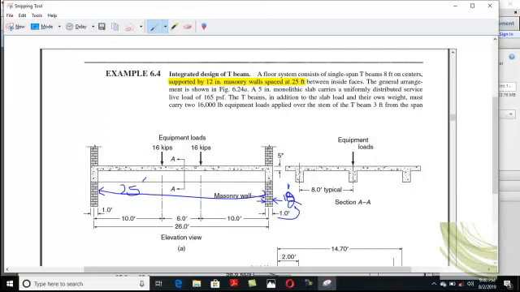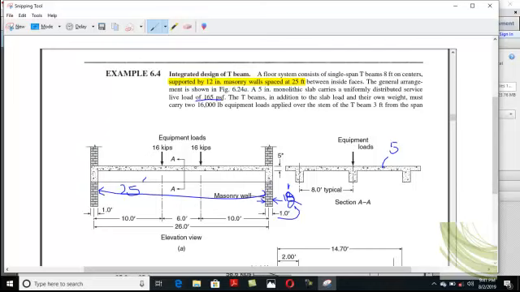The general arrangement is shown in the figure. A 5-inch monolithic slab, the thickness of this slab is basically 5 inch. Monolithic means the beams and slabs are placed at one time. There is a uniformly distributed service live load.